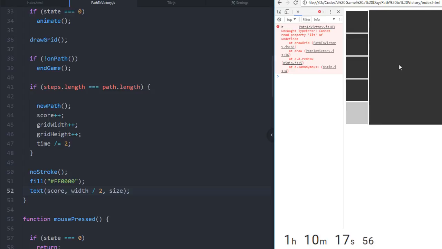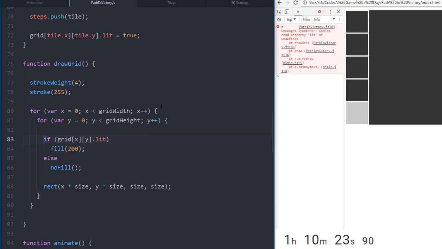Lit of undefined. We have draw grid, although we need to say init grid before then.